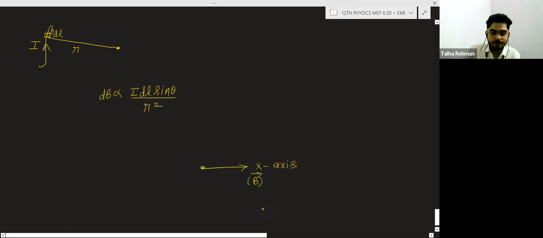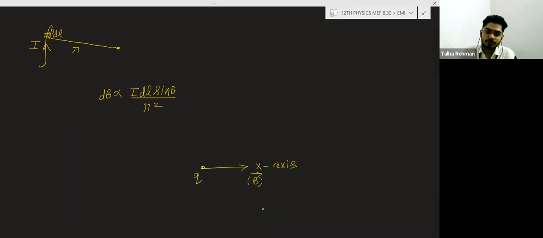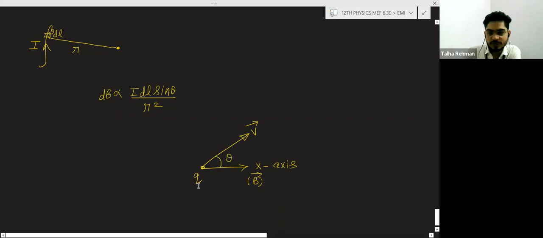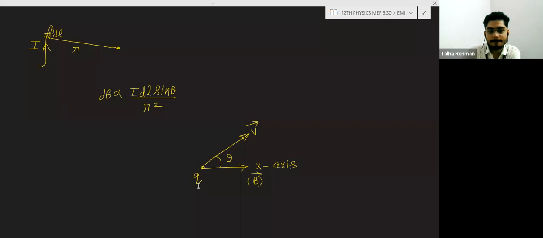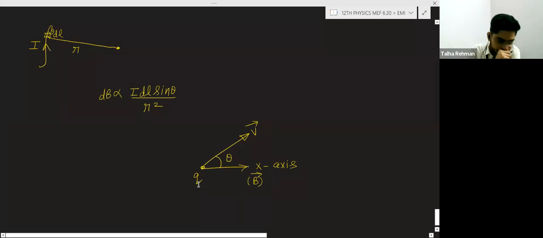From here a charge q is moving with a velocity v in this magnetic field, making an angle theta with the magnetic field. What will be the magnetic force on this charge?